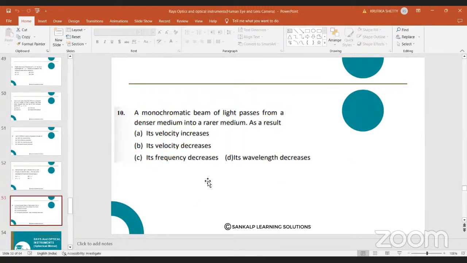Okay, the next question is: a monochromatic beam of light passes from a denser medium into a rarer medium. As a result, its velocity increases, its velocity decreases, its frequency decreases, its wavelength decreases.